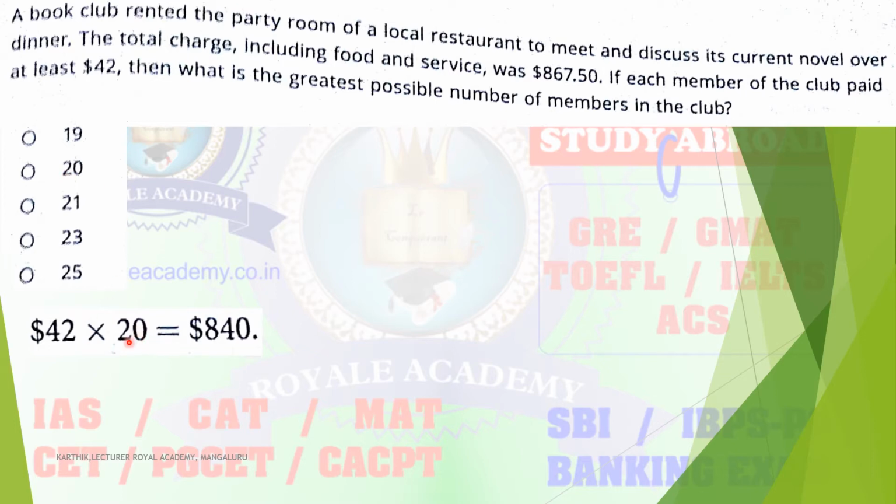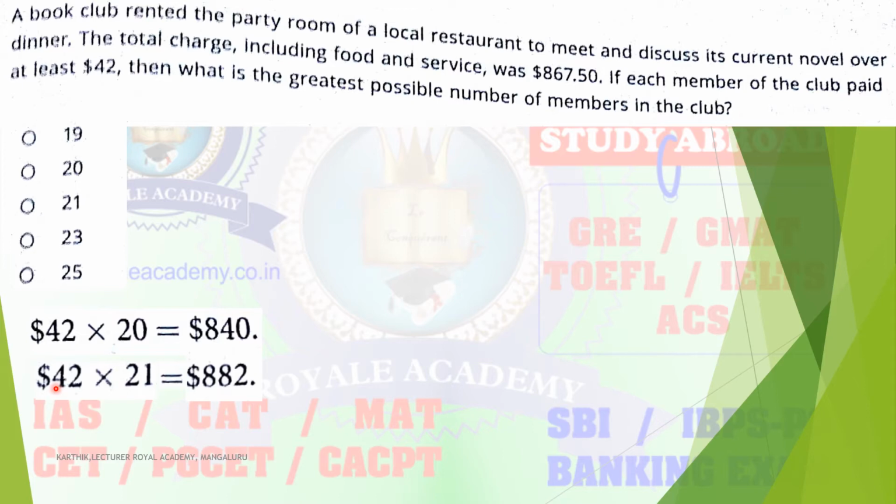In that 20 members of the club, some members may pay more than 42 rupees. They can pay more than 42 rupees but are not eligible to pay less. If you choose 21, 42 into 21 is more than this amount. So each member should pay 42 rupees, not less.